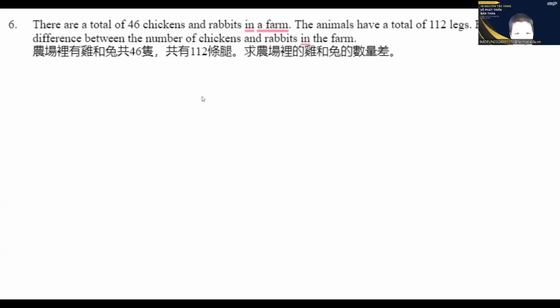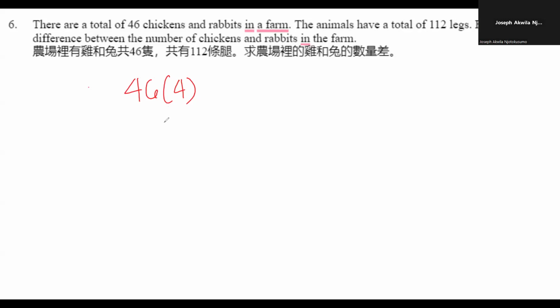So first, if we want to find the chickens, we take 46 and multiply by 4. Then we find the number of legs, and subtract it from 112 to find the extra number of legs.